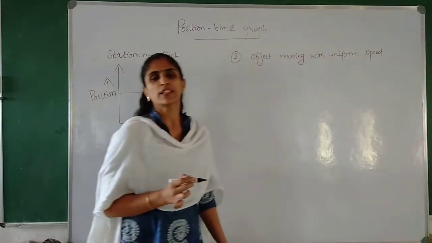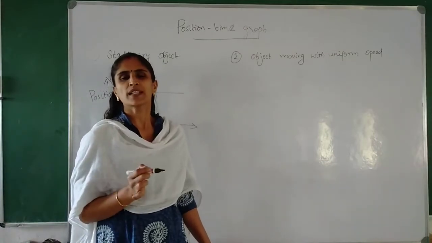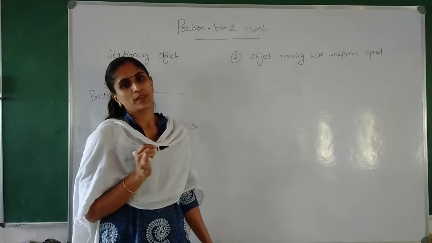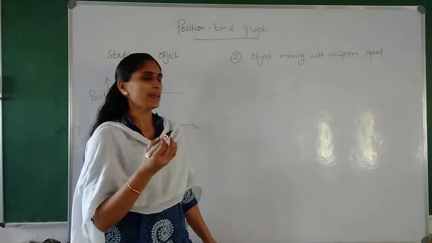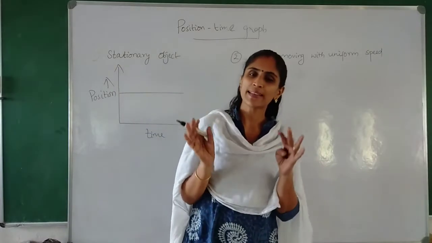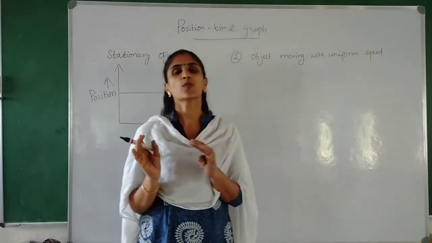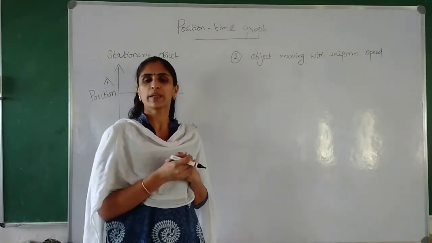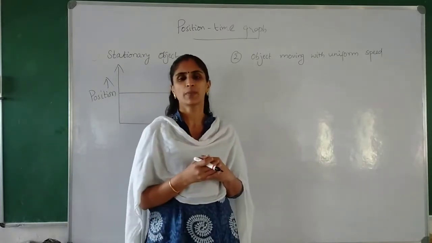Object is moving with uniform speed. So if the object is moving with uniform speed or uniform velocity, what happens? The position will be gradually increasing. No, at equal interval. What is meant by uniform speed? At equal intervals of time, equal change in position will be there, or equal displacements will be covered, or equal distances will be covered. No.